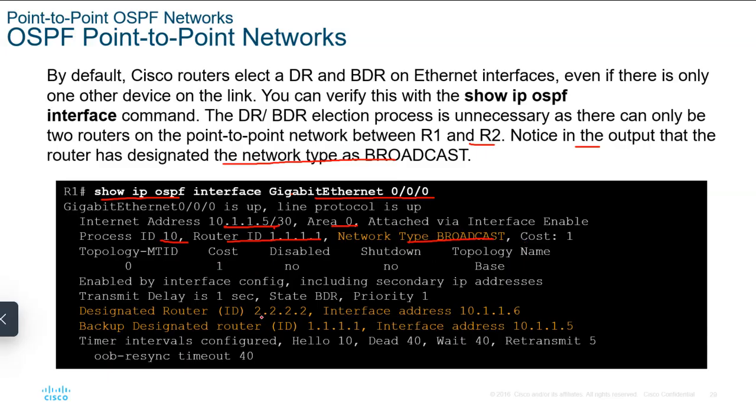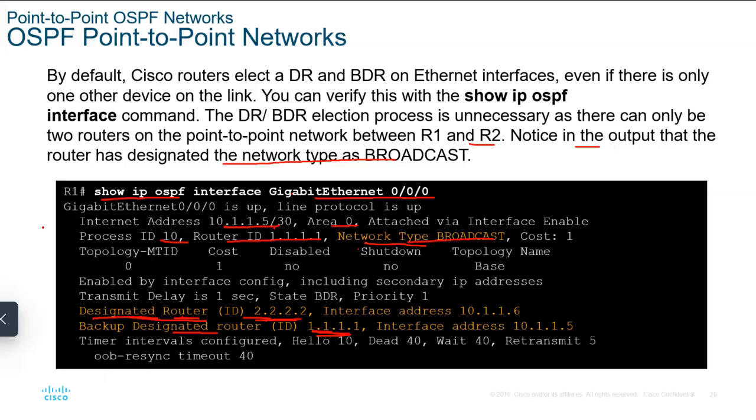So here it is. This 2.2.2.2 is a designated router. Here it's a broadcast. It is a point to point. But again, here when you look at this, 2.2.2.2 is the designated router, and the backup is 1.1.1.1.